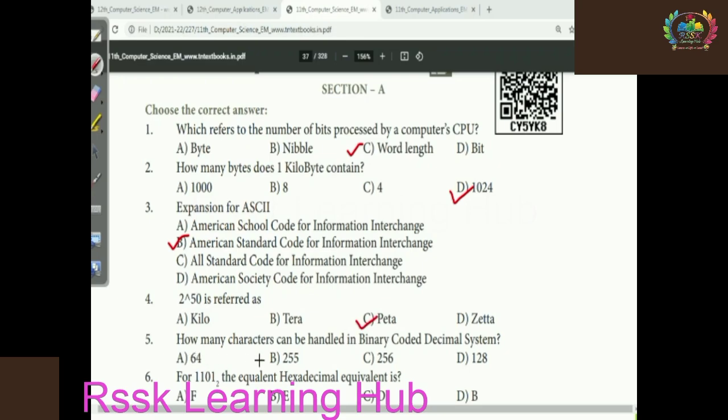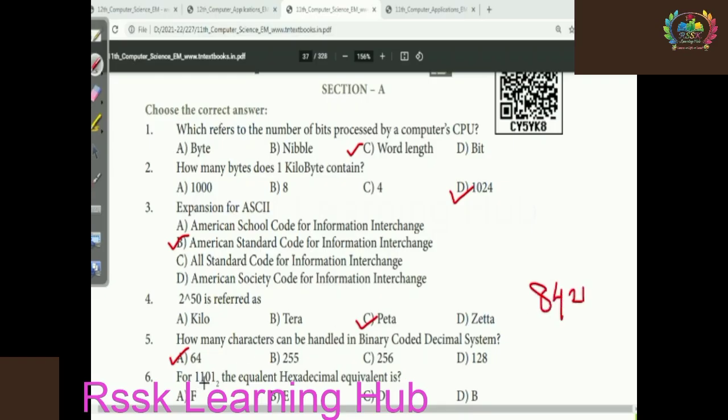How many characters can be handled in the binary coded decimal system? 64 characters. For 1101 base 2, the equivalent hexadecimal value is what? You have to convert this value using the 8421 code.